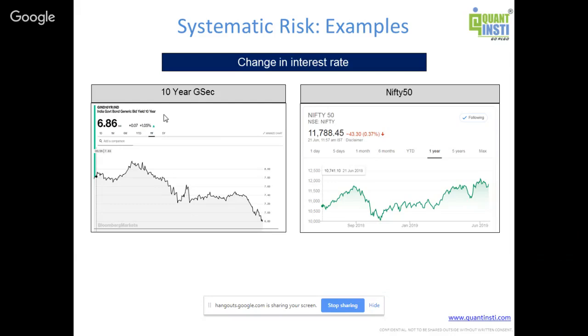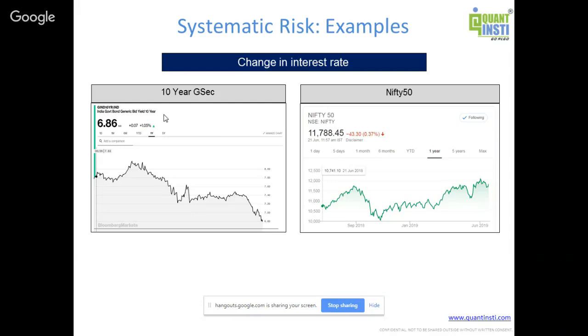If someone wants to build a manufacturing plant or needs working capital or any kind of money to build more products, that becomes cheaper, which helps to increase their volume and their profitability. So a change in interest rate helps to increase the sales for all the firms, and therefore all the firms benefit from it.